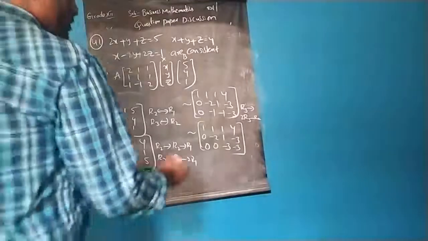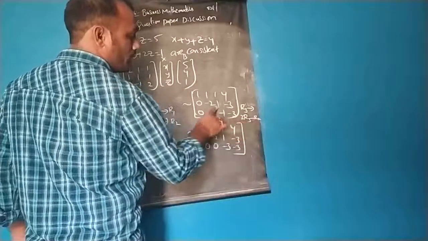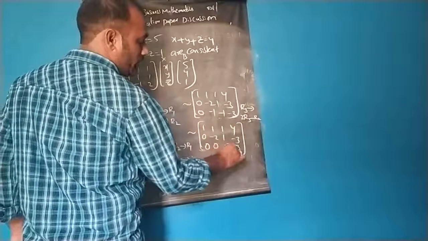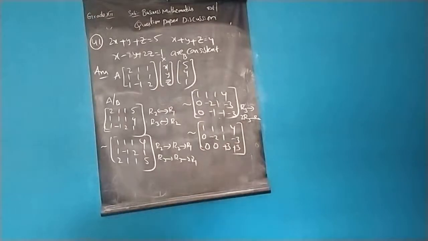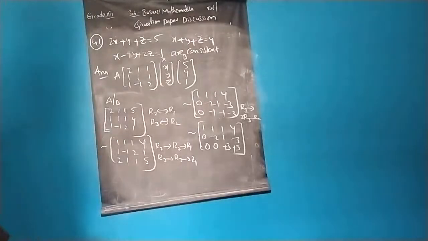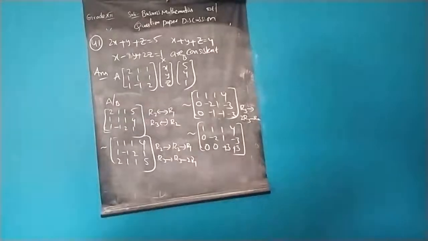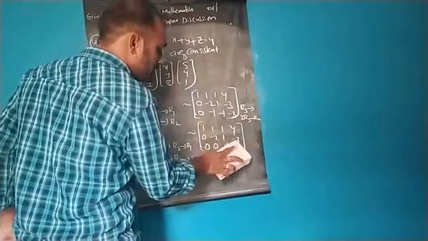Sorry, it should be R3 minus R2. Okay, so we have minus 3 only, both are minus.